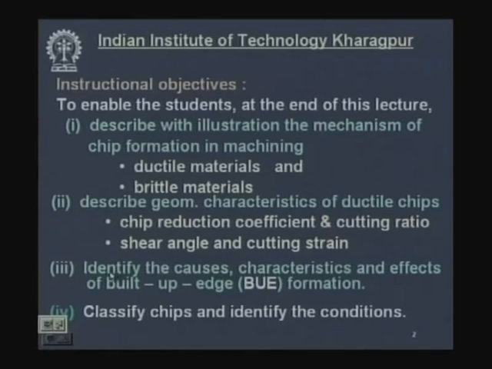Third, identify the causes, characteristics and effects of built up edge (BUE) formation during machining. And last, classify chips and identify the conditions under which such kinds of chips form. And there will also be some quiz and exercise numerical problems and solutions.